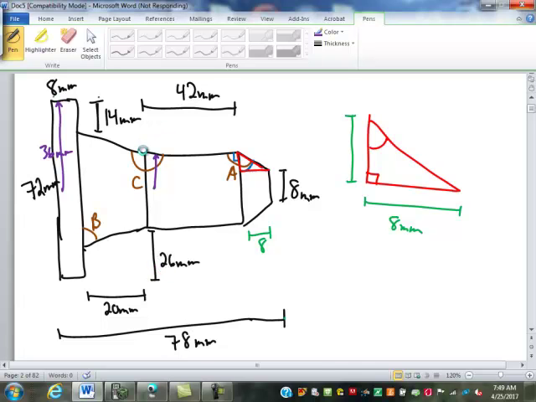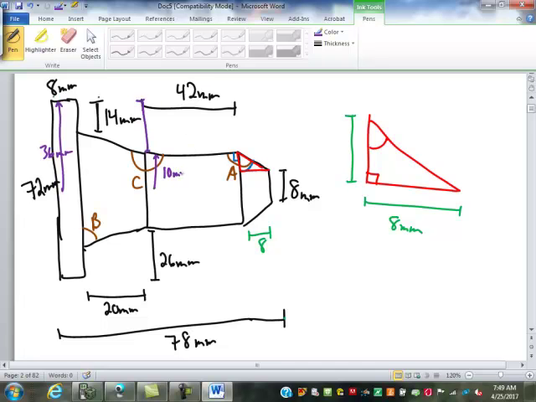This is 26 there. That 26 there would go from here to here, right? 36 minus 26 leaves us with 10 there. This is a radius of 4 here, right? So it means that difference has to be 6 millimeters.